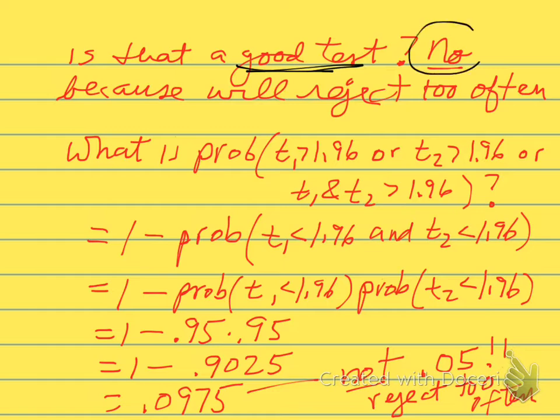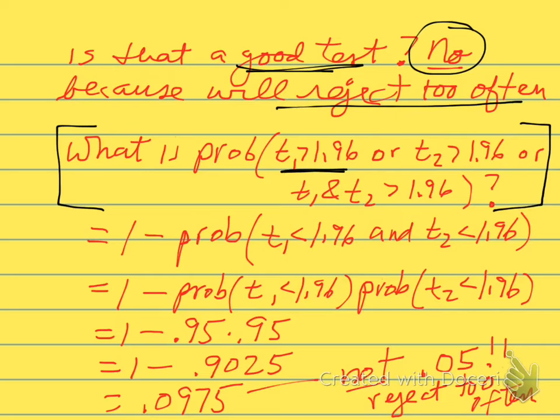And the answer is no, because with the test that person has proposed, we will reject the joint null hypothesis too often. To show that, pretty simple, just a few steps of algebra, we ask, well, what is the probability that the t-statistic is greater than 1.96 for the first coefficient, or greater than 1.96 for the second coefficient, or greater than 1.96 for both of those coefficients?